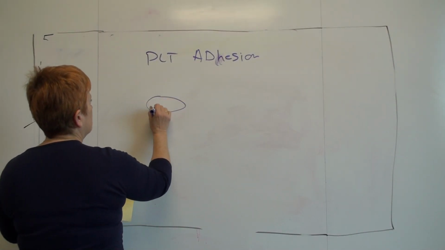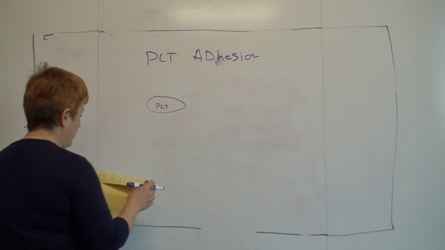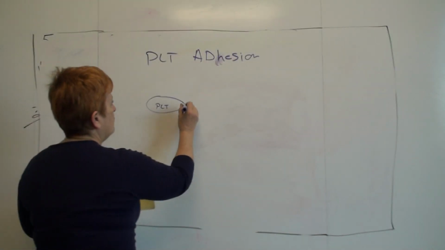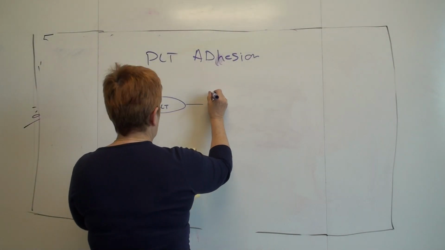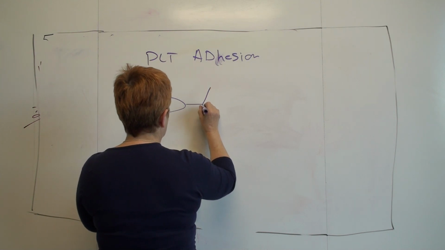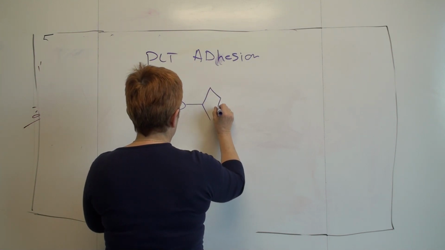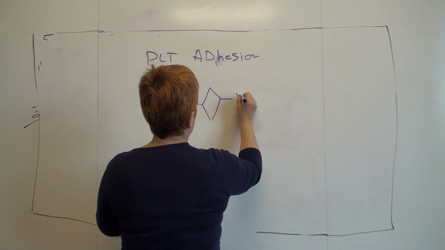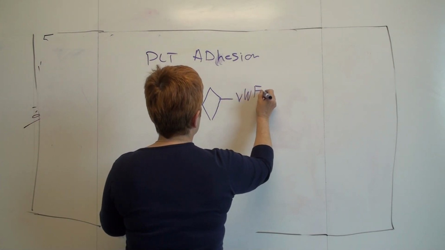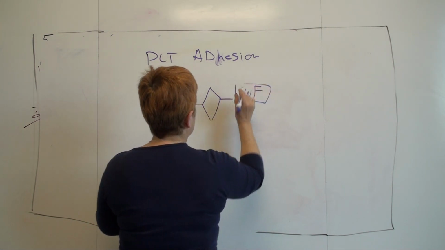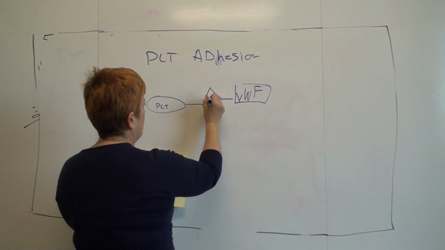So, if I have my platelet, that's my little platelet, remember it's going to want to adhere to my von Willebrand's factor, right? Well, how in the world did it attach to von Willebrand's factor?